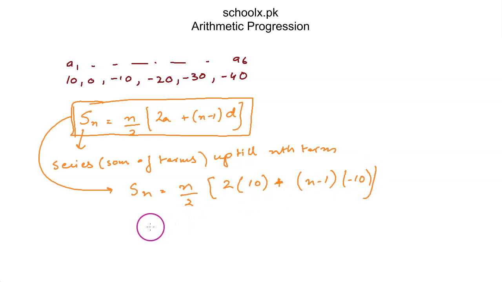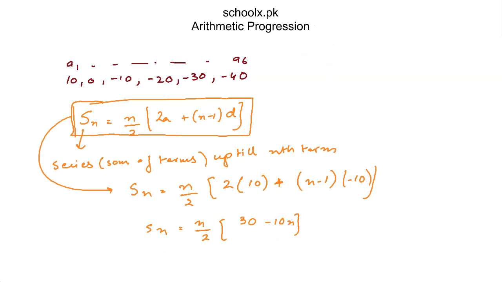So the formula for this is n by 2 times 30 minus 10n. Now this is the formula for the series of the sequence, right? Now if we want to find the sum of the sequence up till 6th term, I'll put 6 in the place of n right here: 6 divided by 2, 30 minus 10 times 6.